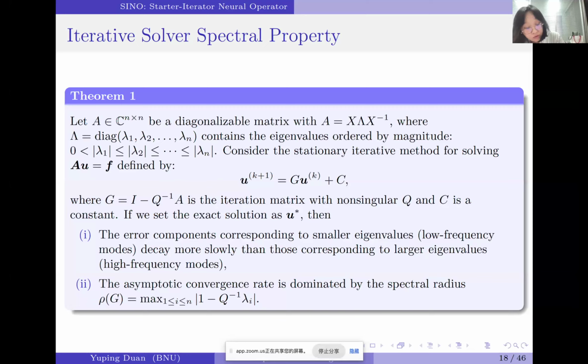This theorem gives the spectral motivation. For the stationary iteration considered here, high-frequency error components decay faster, while low-frequency components decay more slowly. So classical iteration tends to remove high-frequency error first. This suggests a complementary design. The starter captures the low-frequency structure, while the iterator focuses on the remaining residue.